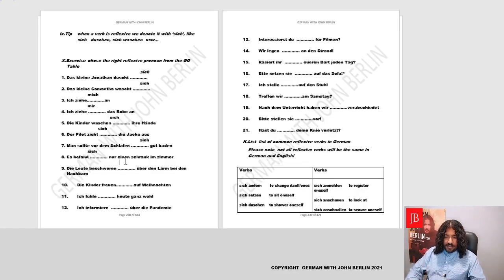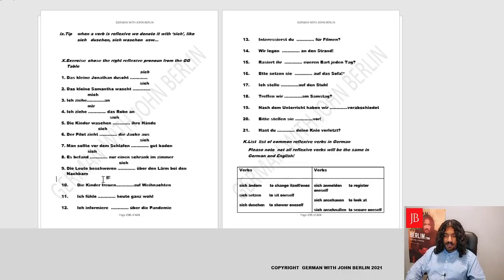So the people complain themselves about the noise to the neighbor. Yes. So the Leute, whom do they complain? Themselves. So the Leute beschweren, it's plural and it's accusative plural, it'll be sich. Die Leute beschweren sich über den Lärm bei den Nachbarn.